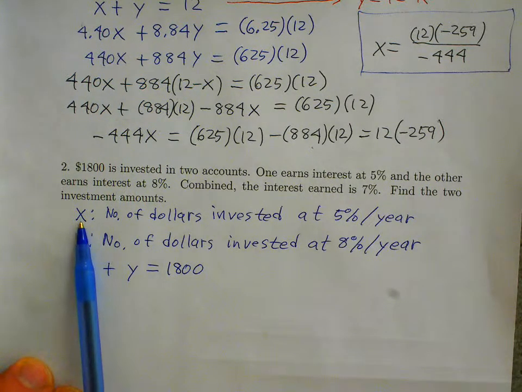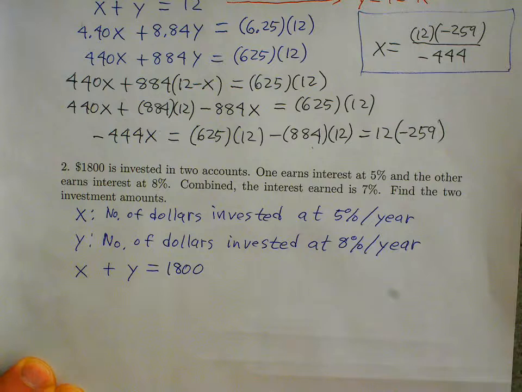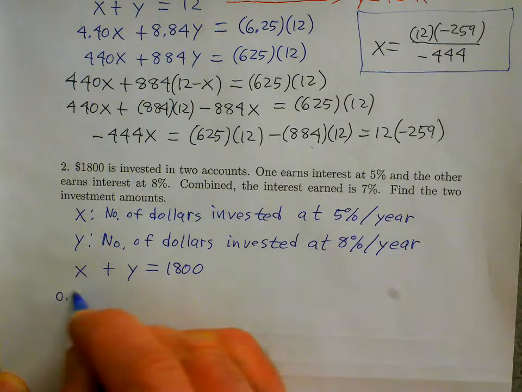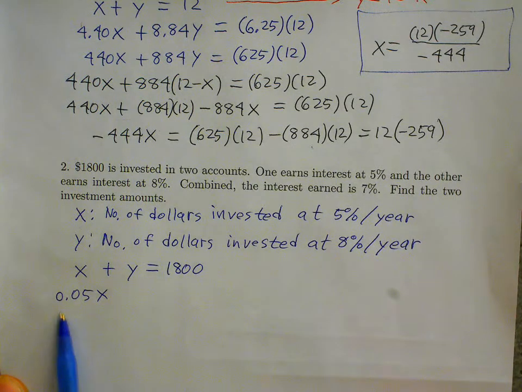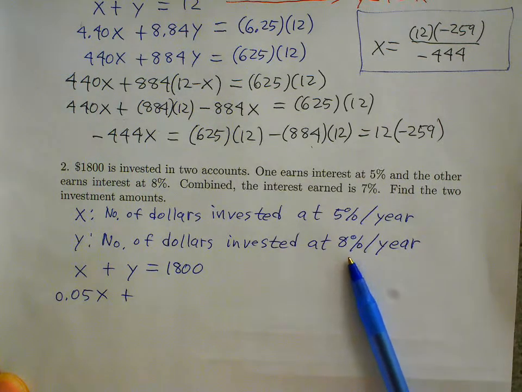So if we invest x dollars at 5% per year, then after 1 year, the amount of interest is 0.05 times x. Then we're going to add that to the amount of interest that y dollars earns at 8% per year.